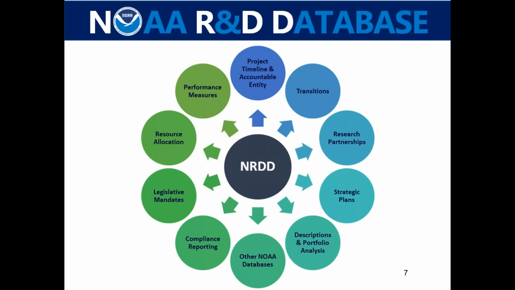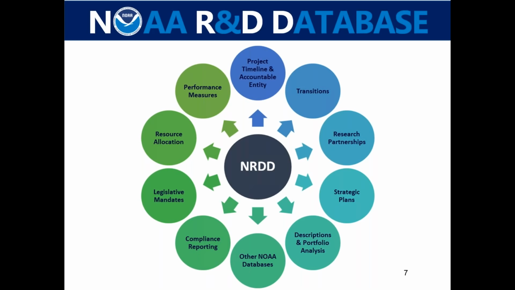So we're not collecting scientific data. We're collecting project management data. Those are things like the project timeline and who's the accountable entity, like which office is taking ownership for this project primarily. That's determined by who's the primary NOAA funder, who should be putting in the project.